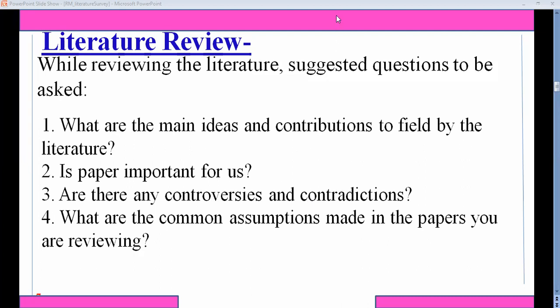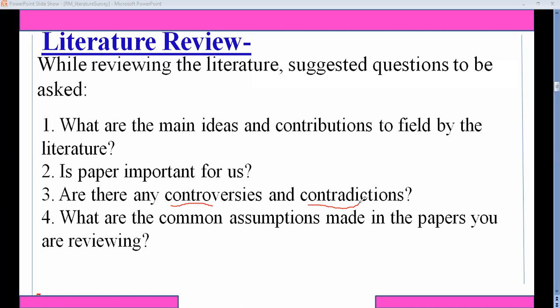Then we have to see whether there are any controversies or contradictions. Contradiction means totally opposite. Contrary means in a different direction, but not opposite. Some researcher may say that after putting ribs in the duct, heat transfer increases.